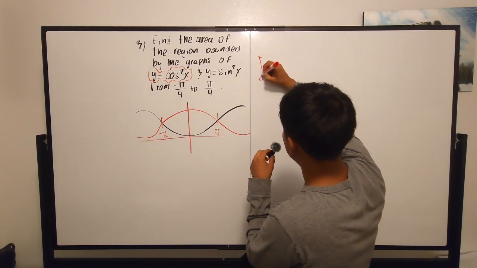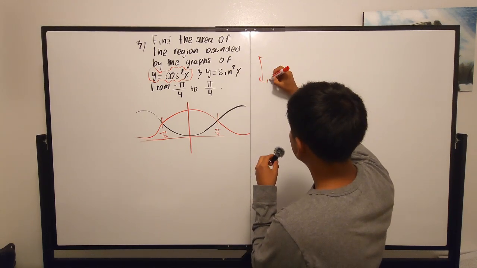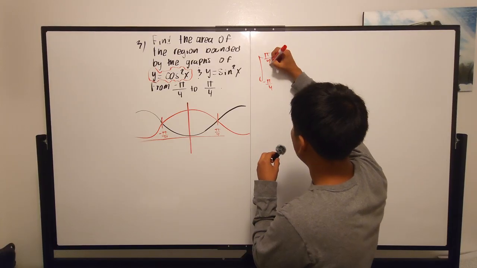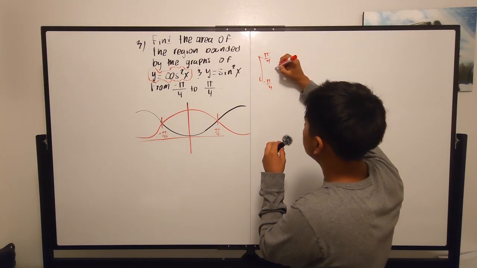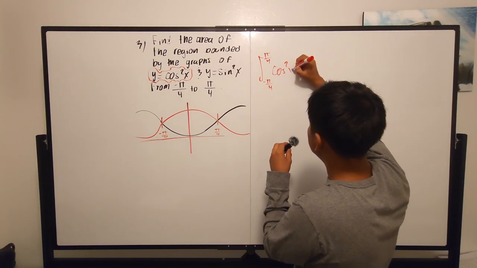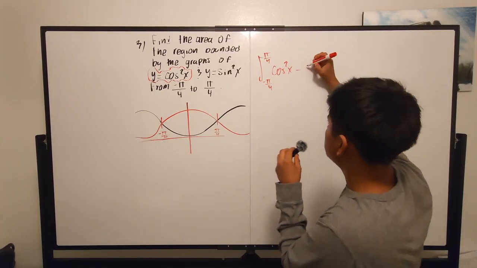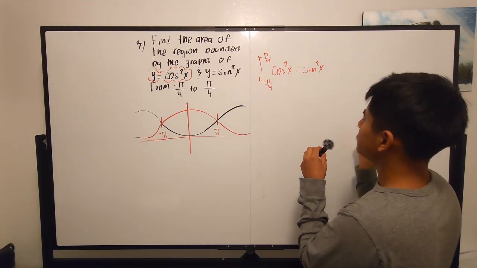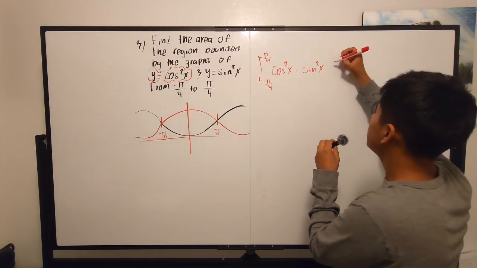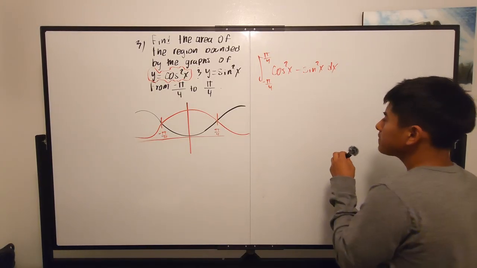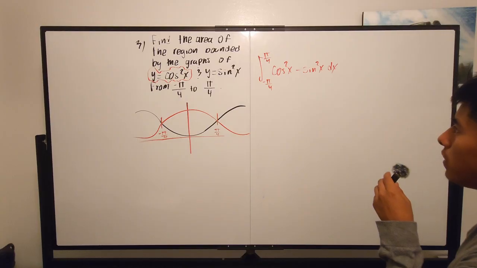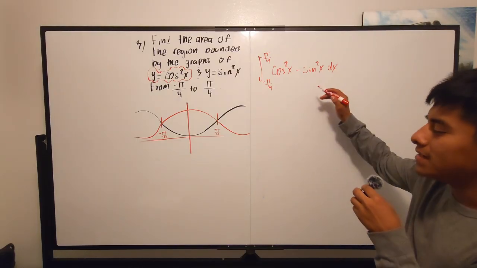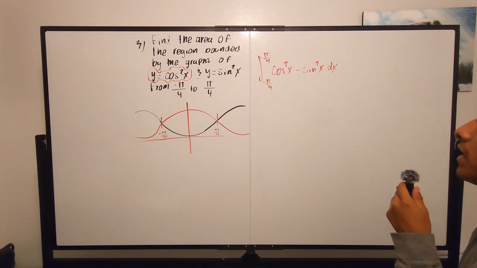So we have the integral from negative pi over 4 to pi over 4. And we have the top function, which is cos x squared, minus the bottom function, which is sine x squared, with respect to x. Now, here, we have to recognize this as a trig identity.